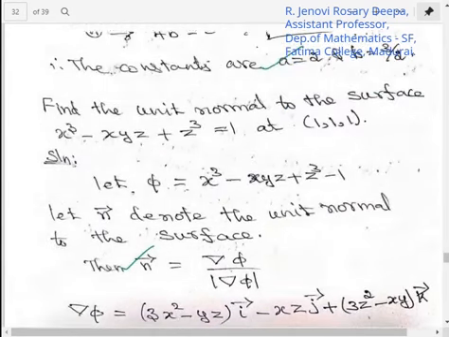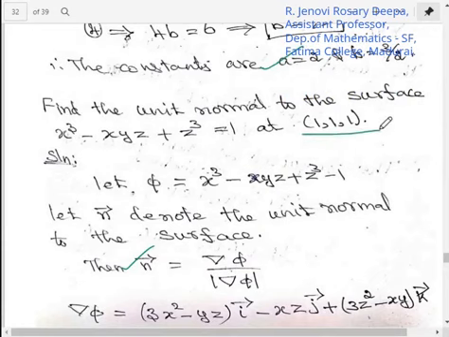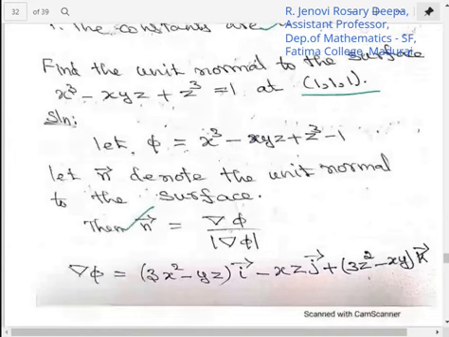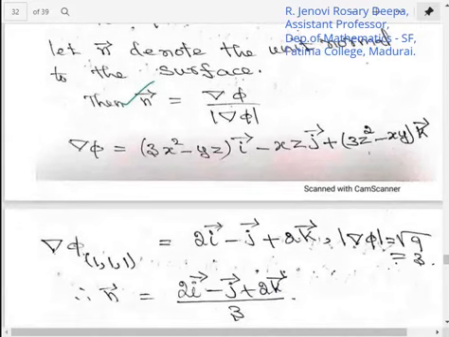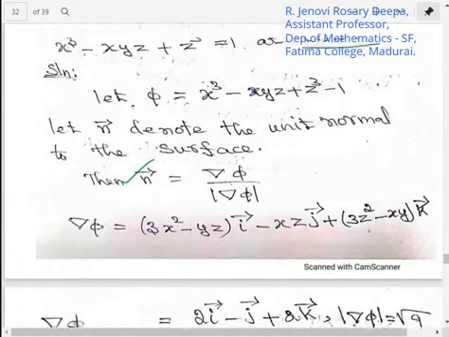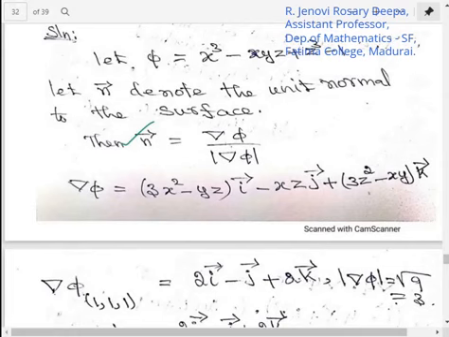Here a point is given, and they ask for the unit normal at that point. So after finding grad phi, you evaluate grad phi at the particular point, and then find the modulus value. We find the partial derivatives of phi with respect to x, y, z.